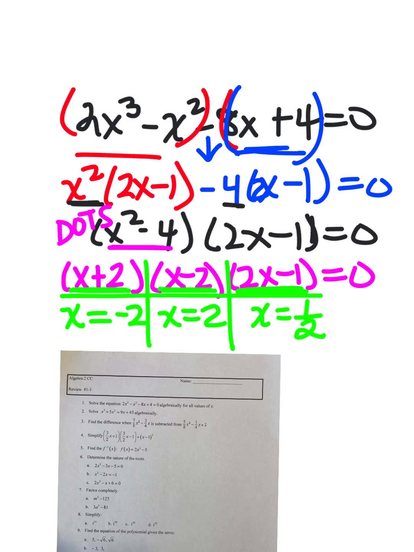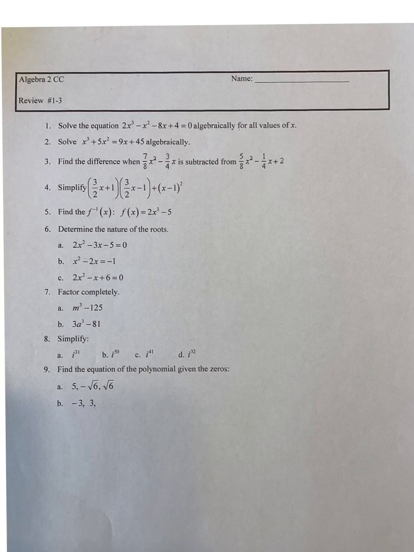All right, let's take a look at number 2. All right, so number 2 says to solve. So we're solving again algebraically. So let me write this down. We have x to the third plus 5x squared equals 9x plus 45.